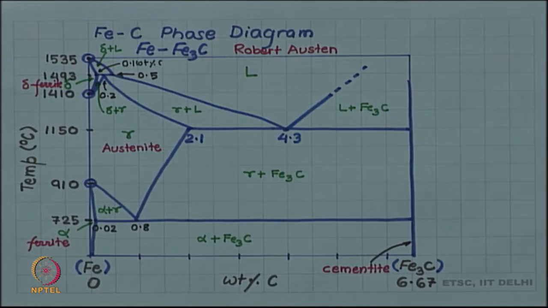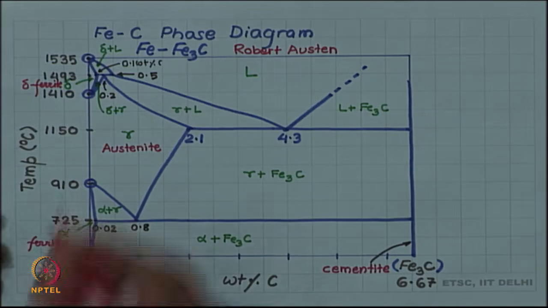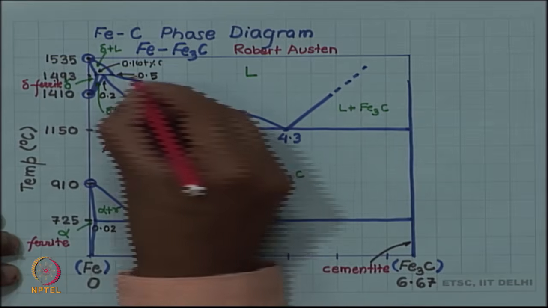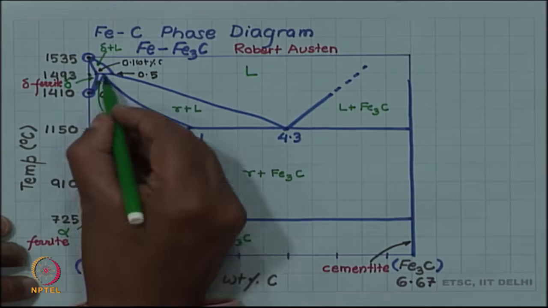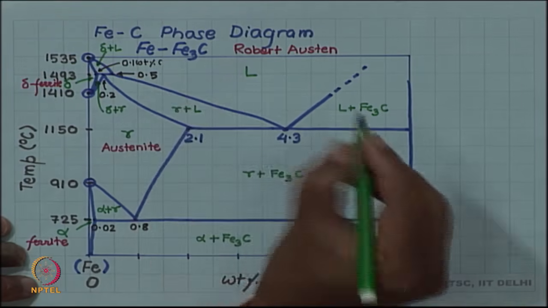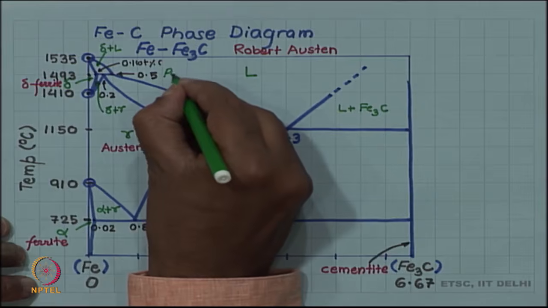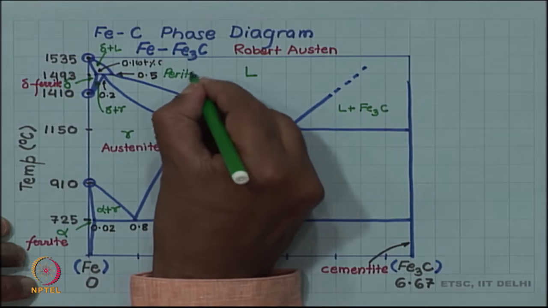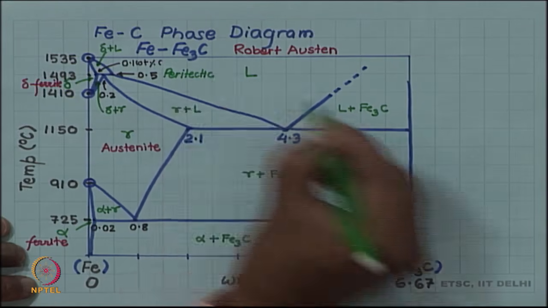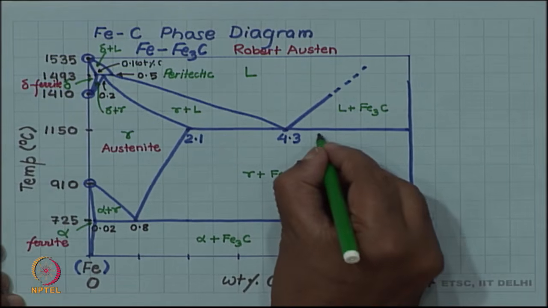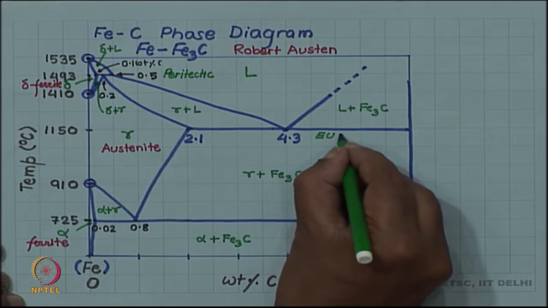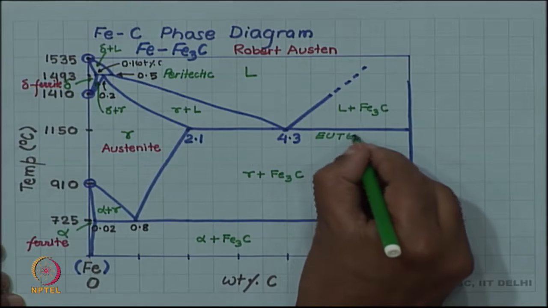Each invariant reaction is given a special name. The invariant reaction happening at this temperature, 1493, is called a peritectic reaction. The one happening at 1150 you might recognize because you have met it, this is the eutectic.